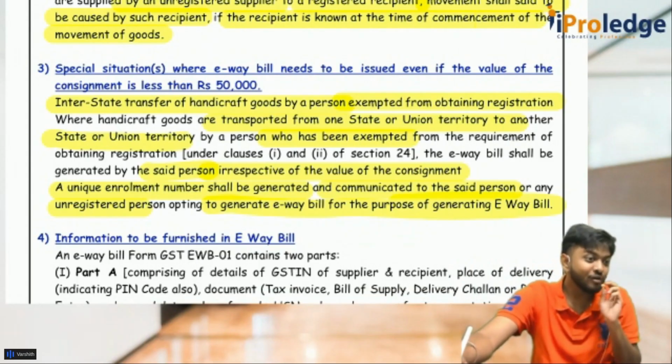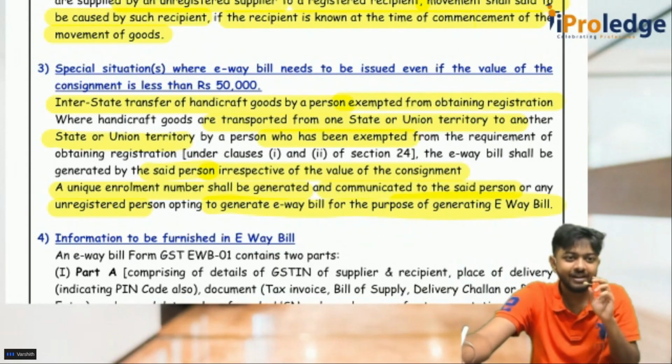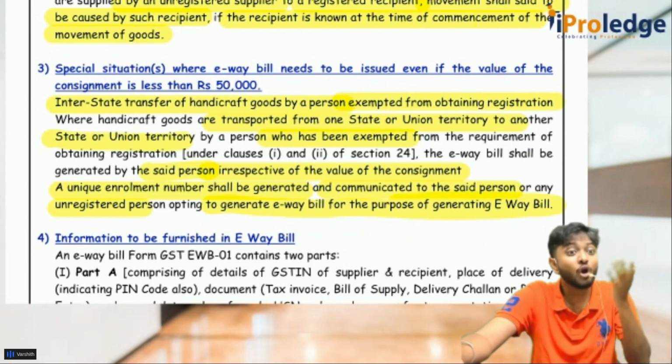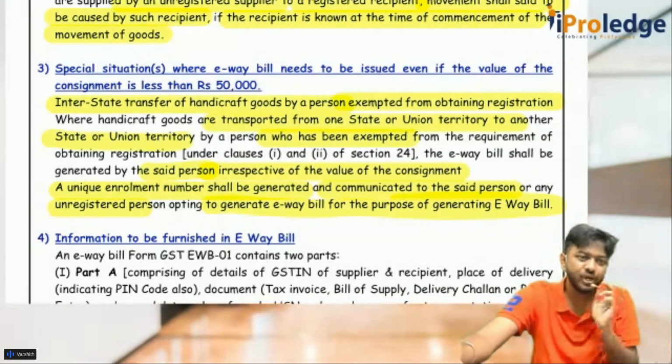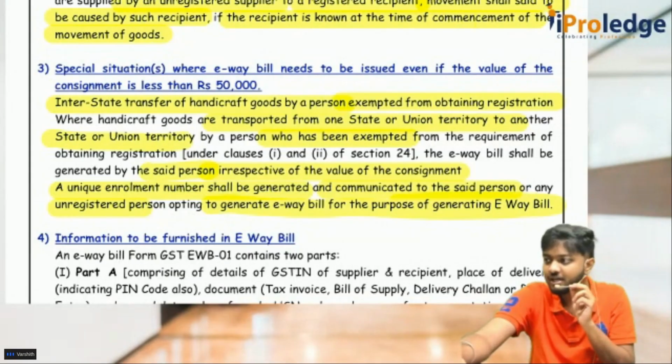Under invoice also, we read where the warehouse or transporter will be given one enrollment number, because for them also we have told to maintain accounts and records. If they are registered, we have GST registration, so no need of enrollment number.